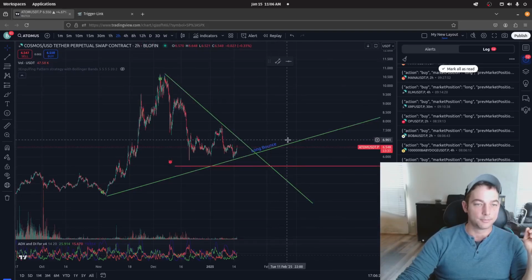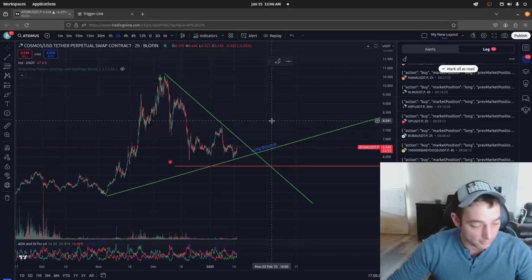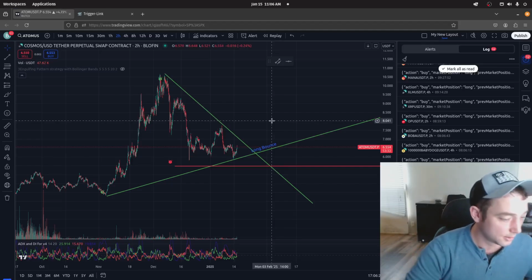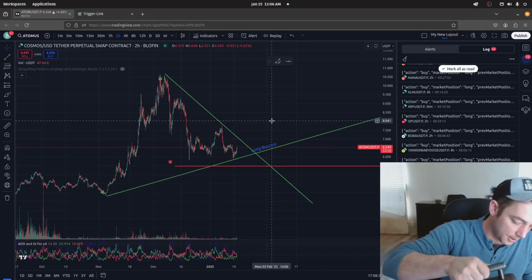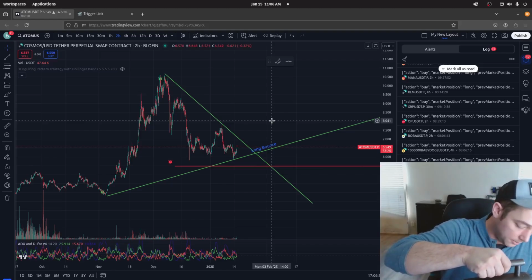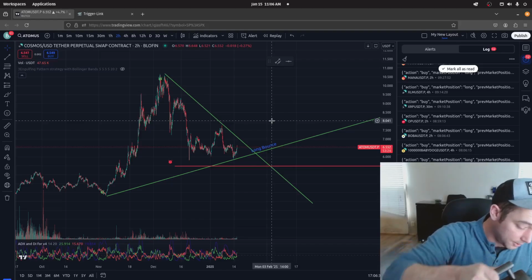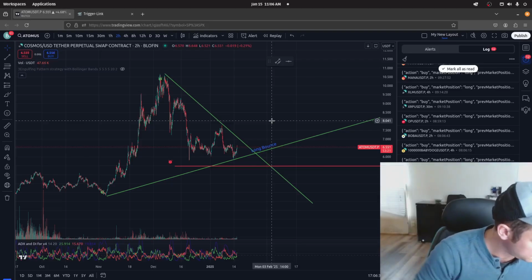In my list of assets, I have a mix of real coins and shit coins. When I say real coin, I mean things with utility, things that have been around for a little while.